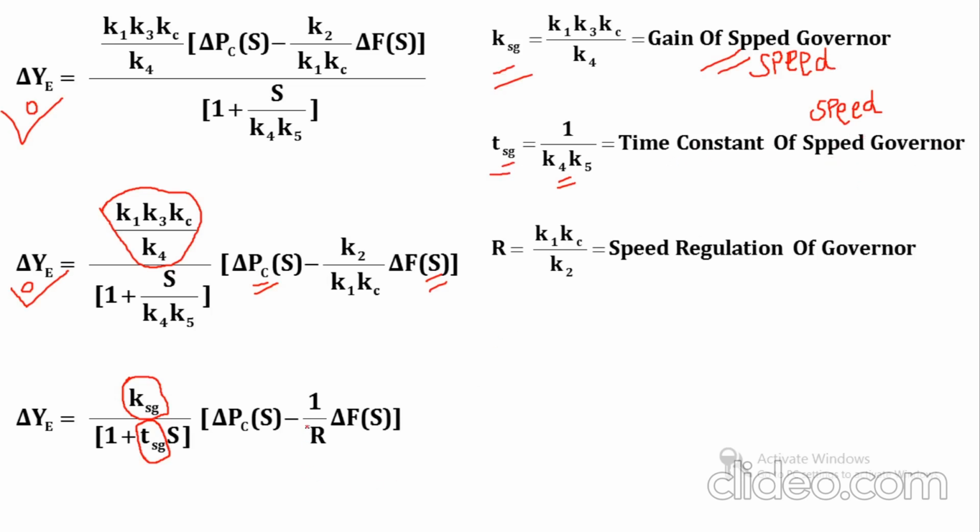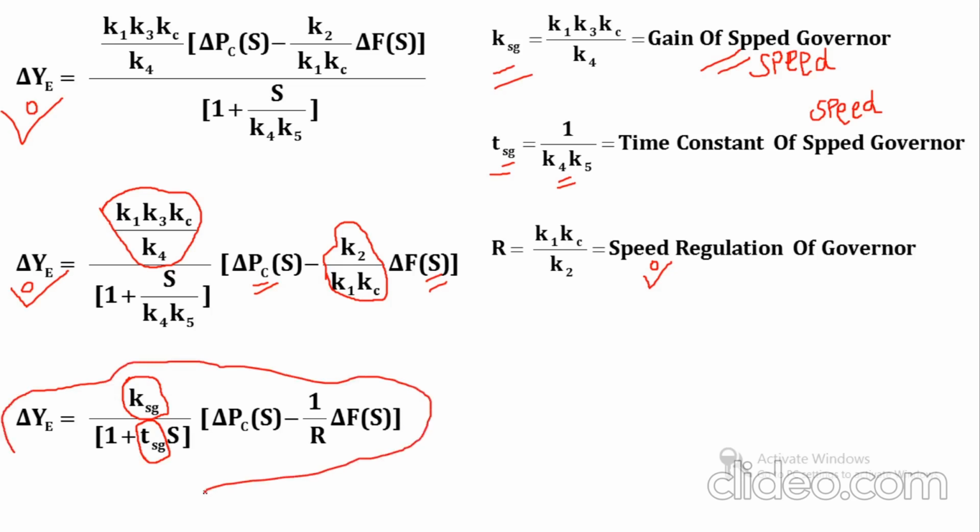And this constant I will write as 1 upon R. So I can write R is equal to K1, Kc by K2, and that is the speed regulation of governor. So this is our final equation, the mathematical equation for the turbine speed governing mechanism, that is the speed governing system.